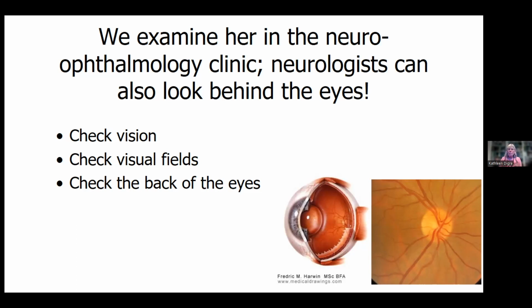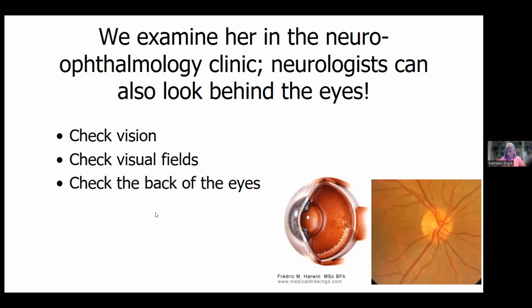And then the most important thing is that we look in the back of the eye, and I've got this schematic of an eye, and you can see I look through the cornea, I look through the pupil, that's the hole in the middle of the iris, the colored part of our eye. And what I'm looking at is the optic nerve. And that optic nerve that you can see on the right side here is normal. And that's what it should look like.